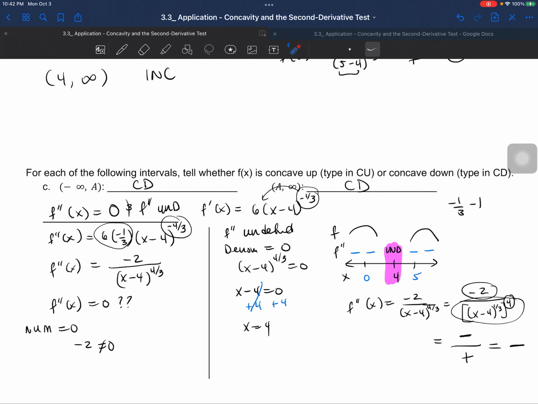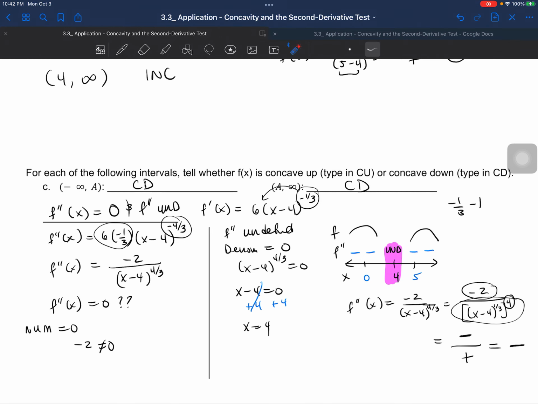Now, if you weren't able to follow what I said here, you can just literally plug in 0 there and get -2 over a positive number, which is negative over a positive, so negative. Or you can plug in 5. That would be -2 over (5 minus 4), and you're going to get a positive number in the denominator as well.